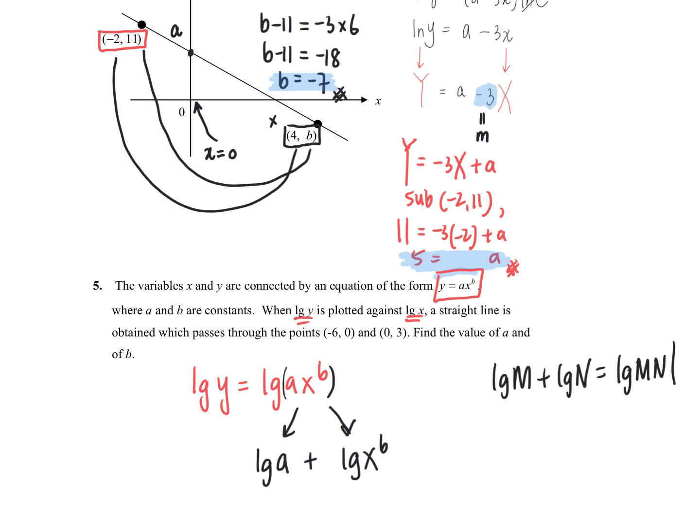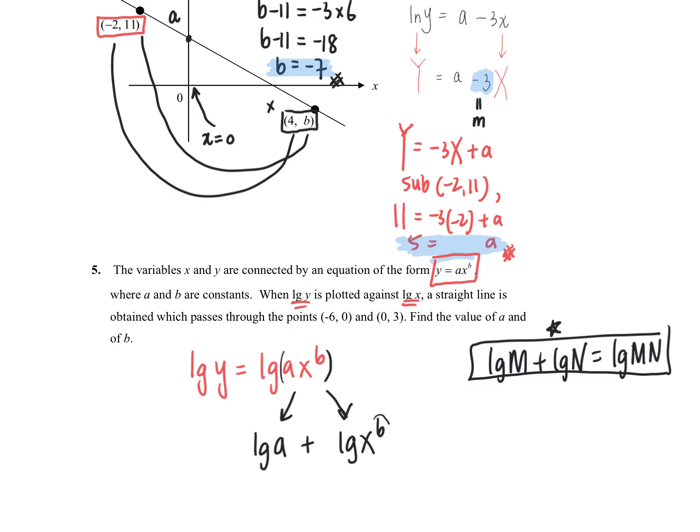We are just reversing it. So this is the law that we are using. So I split it back into 2. Power always bring down. So this is B log X, log A equal to log Y. So have a careful look.